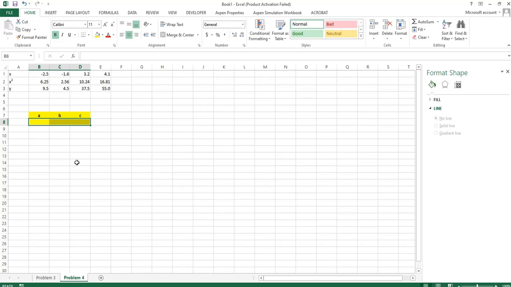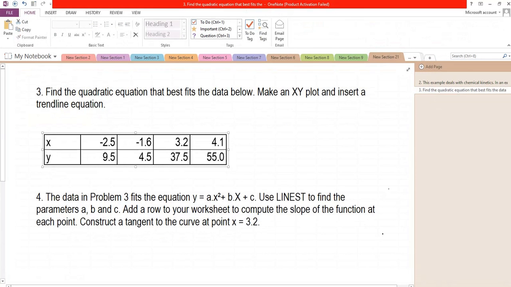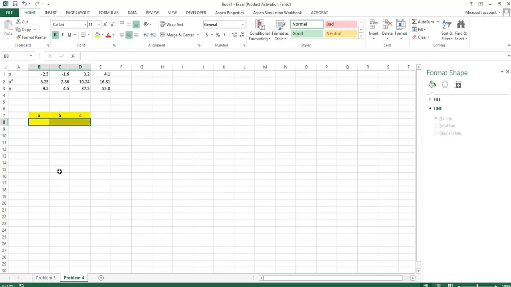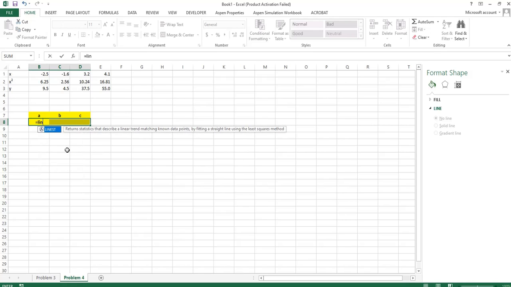I want to use the LINEST based on what was said here, that I should use LINEST to find the parameters A, B, and C. So using LINEST to find these parameters, what I'll do is to just type equals sign, then spell LINEST.